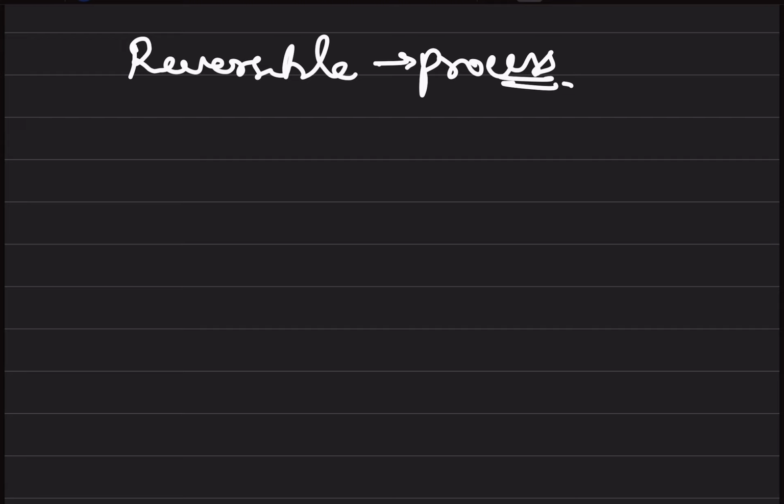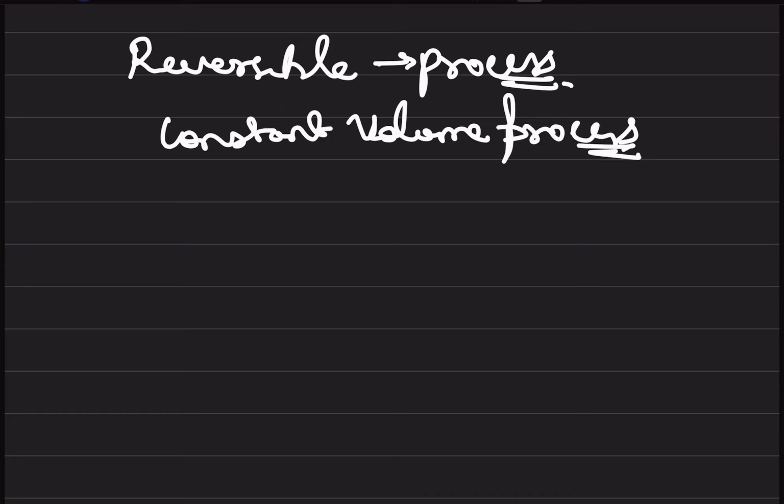For a reversible constant volume process in a closed system, the heat transferred is equal to the internal energy change of the system. So we have to remember that the process is reversible, at constant volume, and in a closed system.